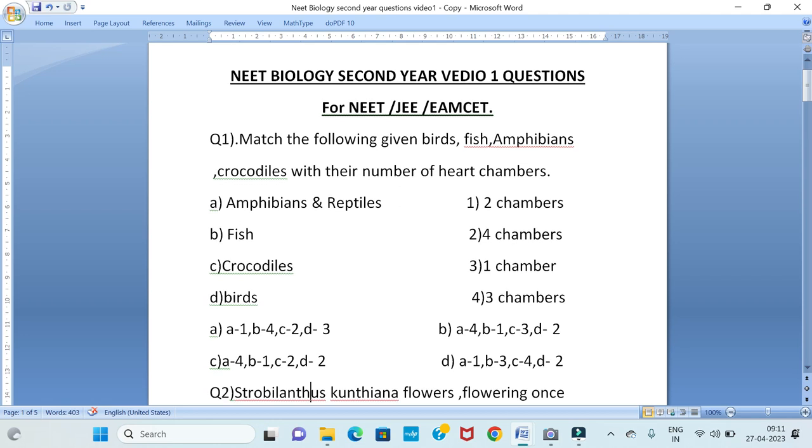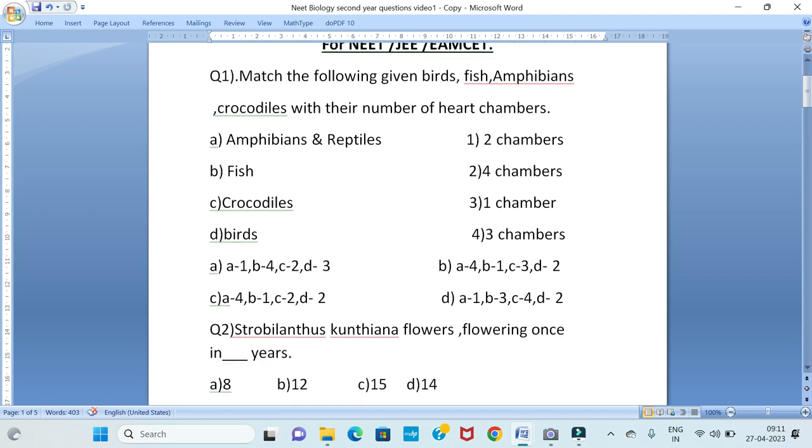Next, second question. Strobilanthus kunthiana flower, also called what? Neela Kuranji. Strobilanthus kunthiana, Neela Kuranji, this is a plant.